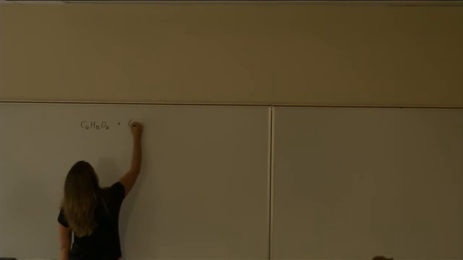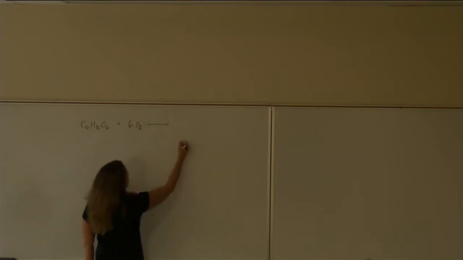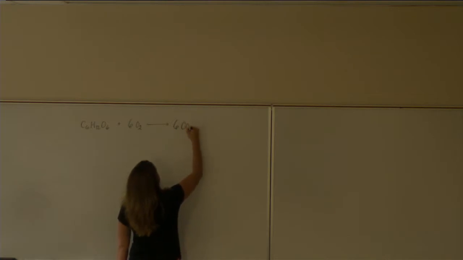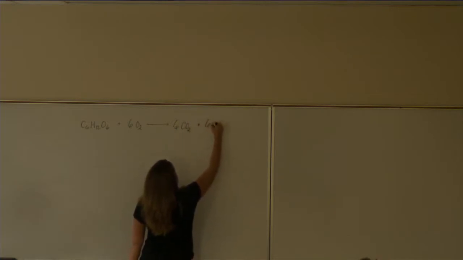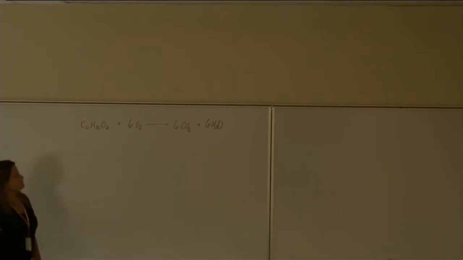First I want to review a reaction we talked about last week. We have C6H12O6 plus 6 moles of oxygen giving us 6 moles of carbon dioxide and 6 water. What is the name of this reaction?